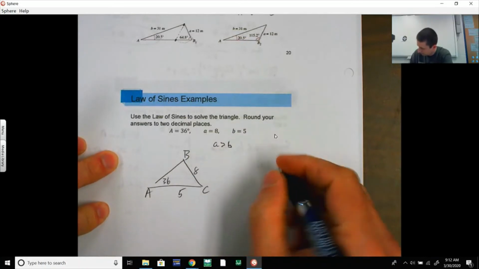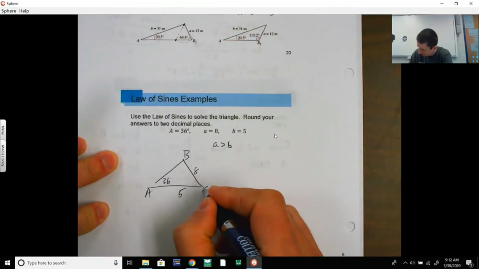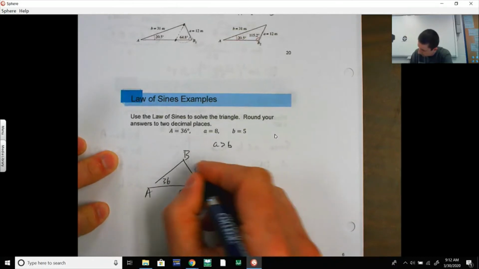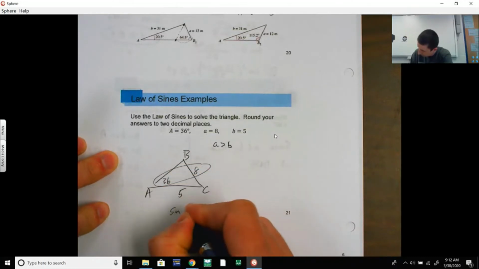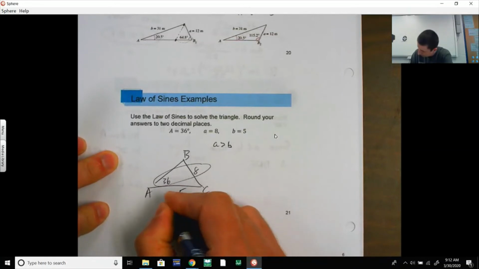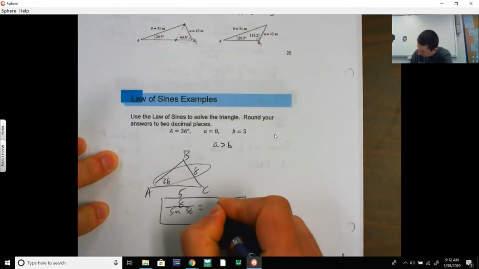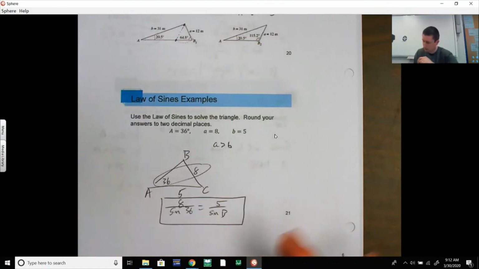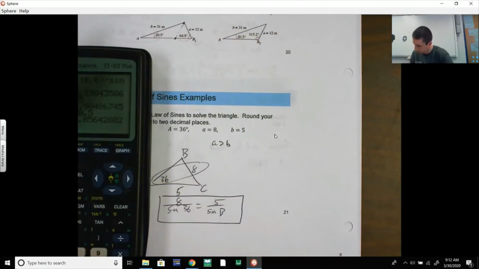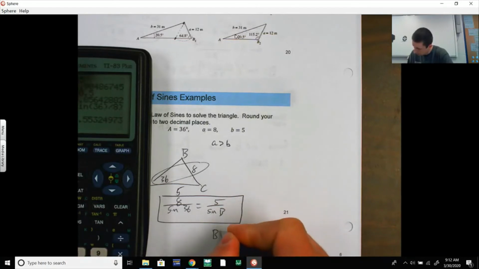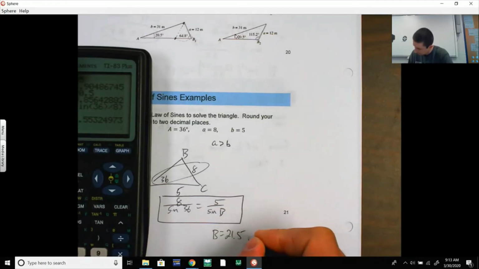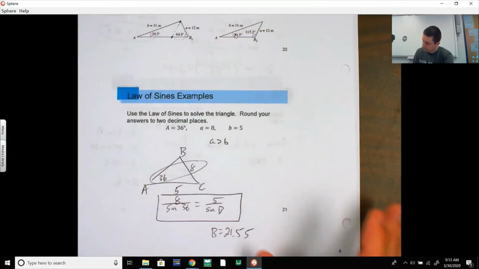Normally triangles would go a, b, c that way. So 8 over the sine of 36 has to equal 5 over the sine of B, and then you can solve for B. So inverse sine of 5 sine 36 divided by 8. So B is 21.55. And then from there you can get the rest of them.